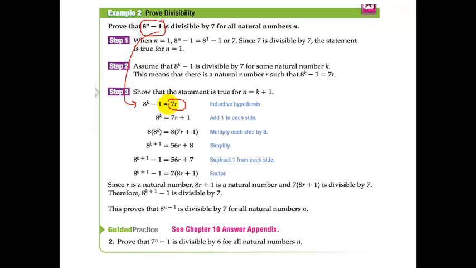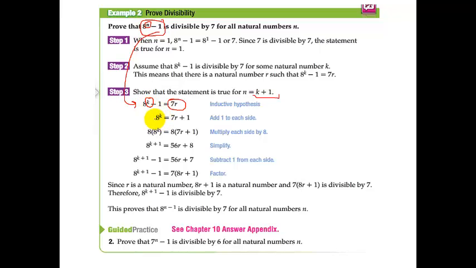So what we want to do is increase this side by 1. Remember we're trying to say that instead of an n right here, we're going to have a k plus 1. So we'll first change the n into a k. That's kind of the standard thing that they do. And then in order to make this into a k plus 1, there's a clever little trick you can do.